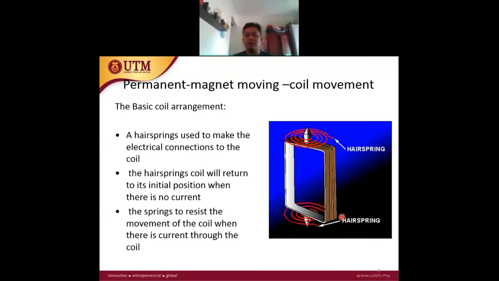When the needle deflects and then stays at the position, it means that it has reached an equilibrium where the deflection force is equivalent to the opposing force produced by the hairspring.